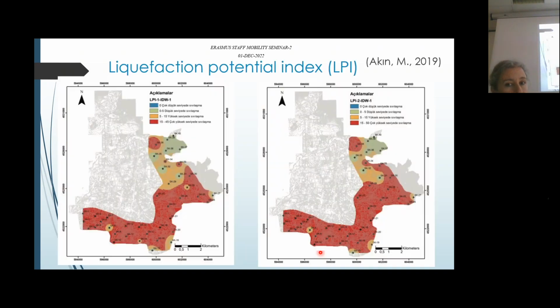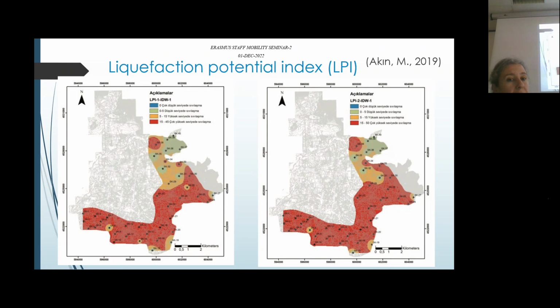With the preparation of these maps, unfortunately, it is hard to verify with real data or real cases, but with the zonation of them, with the existing data, it really differs depending on whether you are using the liquefaction potential or liquefaction severity index, especially in terms of a GIS-based system.